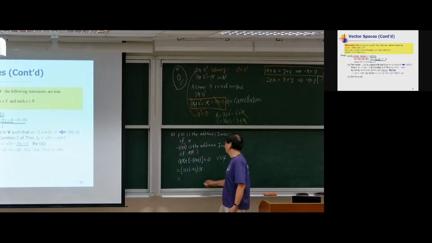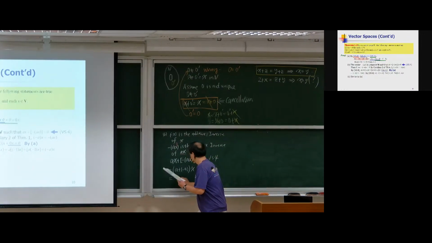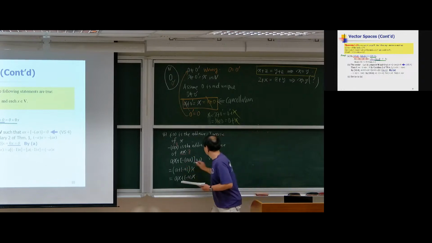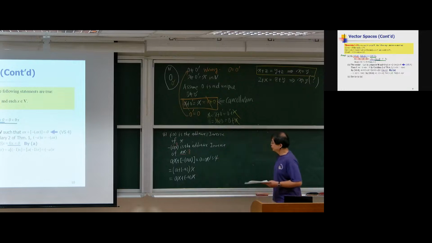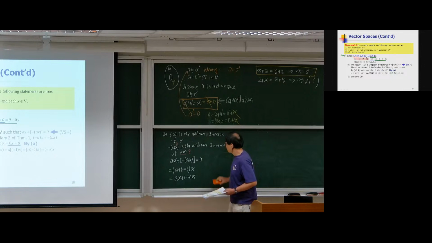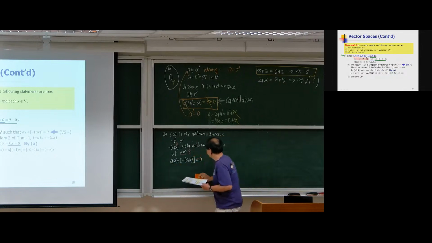We use the distribution law, so which will be equal to, let's see, ax plus minus ax. Okay, and then this will be equal to 0x. Sorry, this will be equal to 0. Sorry, I have to use this one. Sorry. 0. Wait a moment. So that is for VS4.